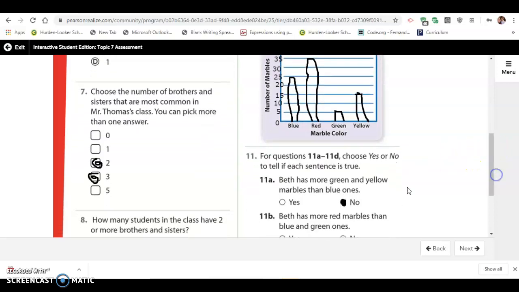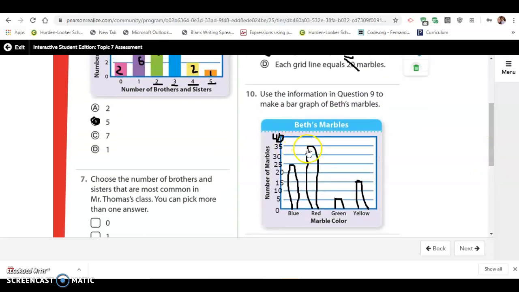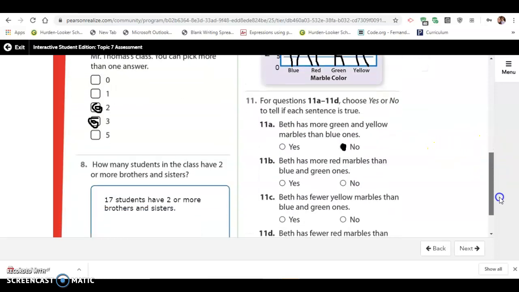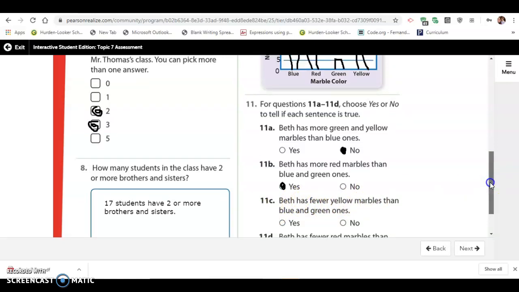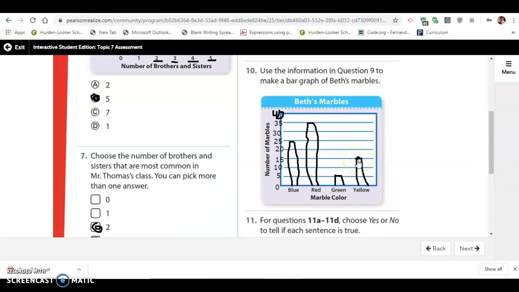Does Beth have more red than 30? Red is 35, so yes, there's more red than blue and green. Does Beth have fewer yellow than blue and green? So fewer yellow. Is yellow smaller?